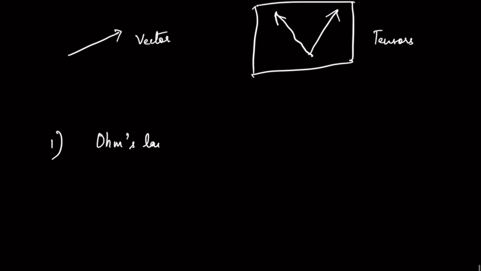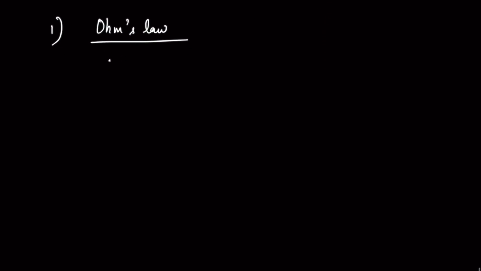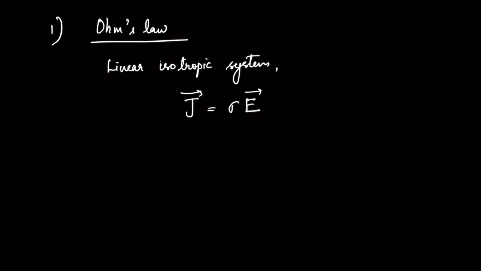Ohm's law in a linear isotropic system is given by J is equal to sigma E. Here, J is the current density, sigma is the conductivity, and E is the electric field.